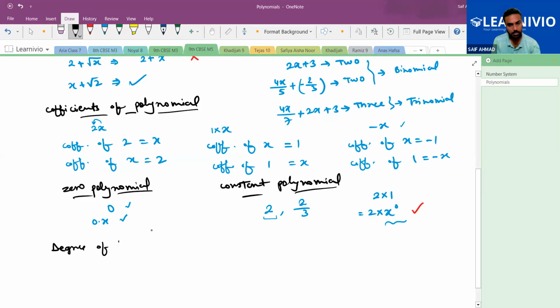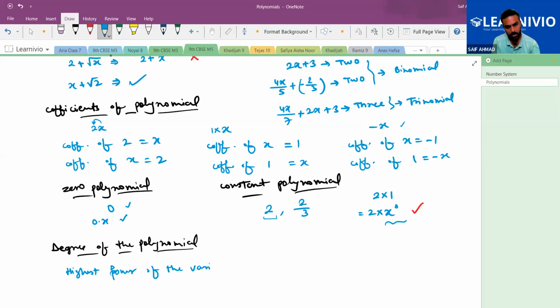Degree of the polynomial. Highest power, not degree. Okay, the highest power is the degree. It is the highest power of the variable. The highest power of the variable is the degree of the polynomial.